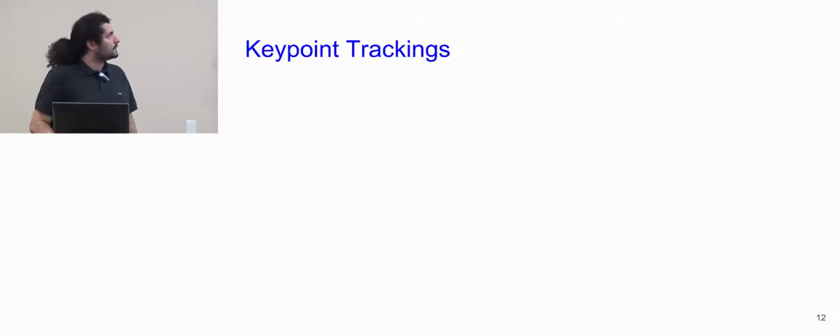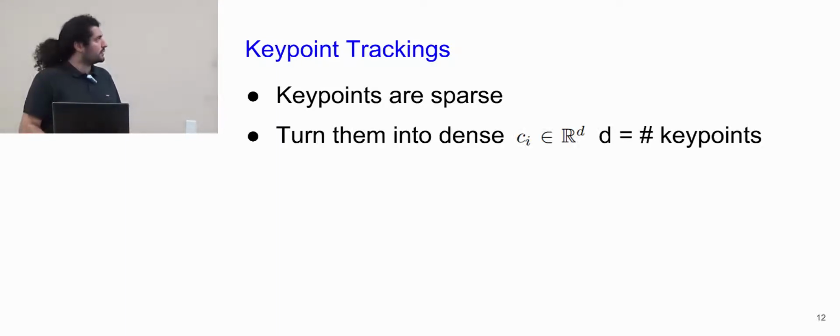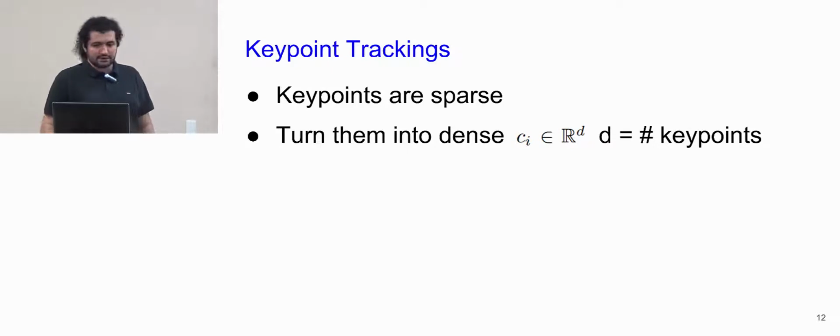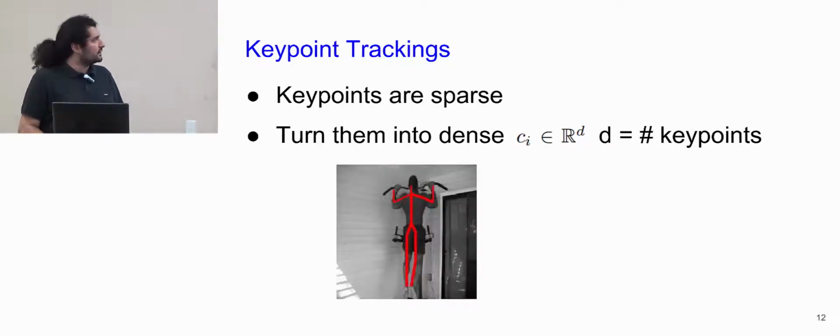They also applied their method on keypoint tracking. But in this case, key points are represented sparsely. First, they convert them into a dense representation. Each key point is represented by a different color. So this is an example. The joints of the human body represent the key points.